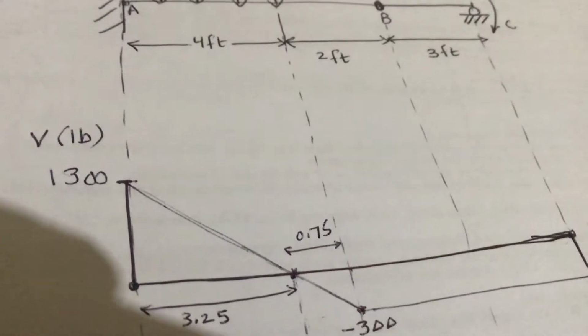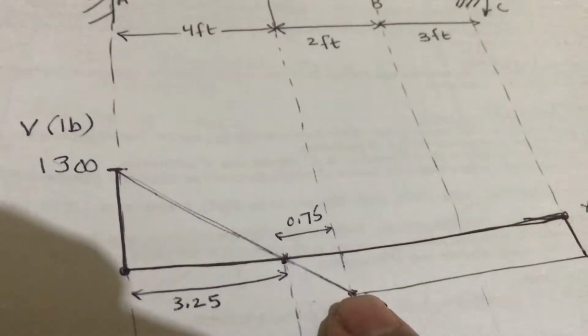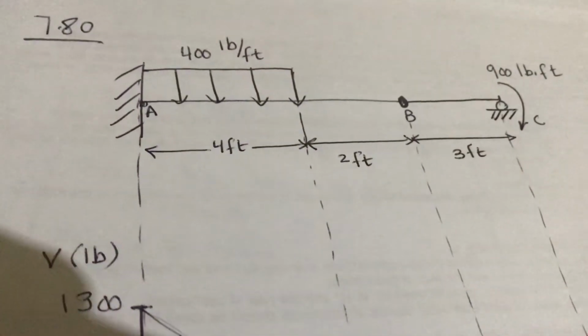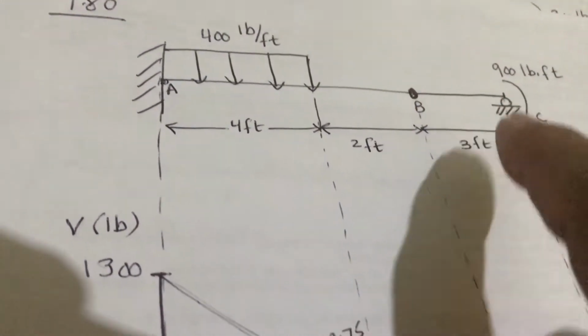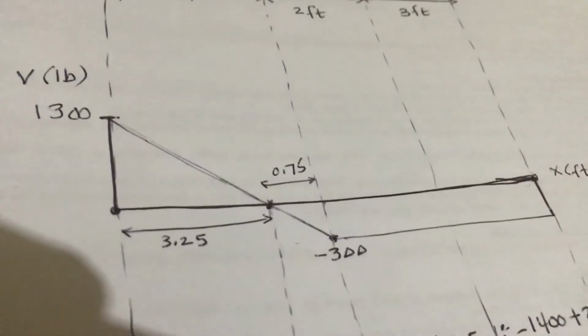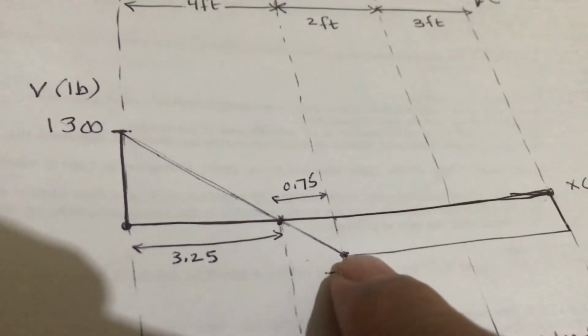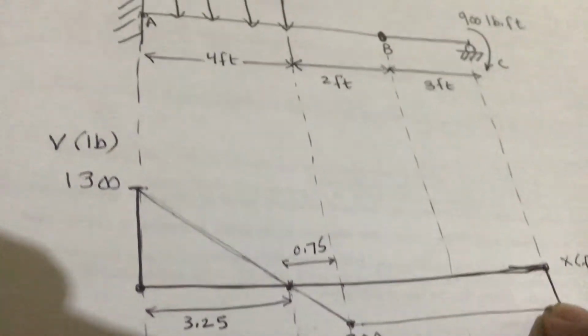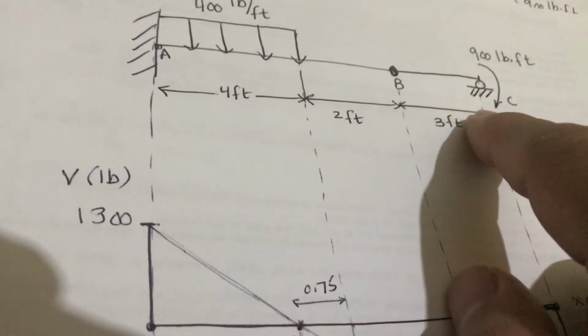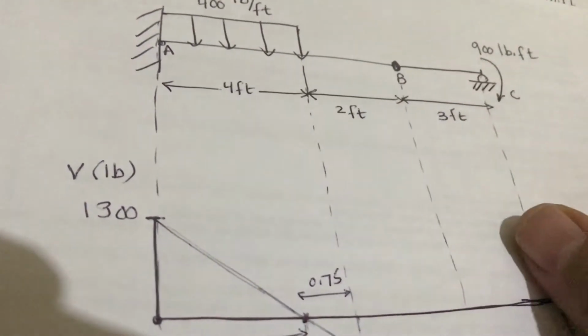So now it is minus 300 here. Let's go at this. Here there's no loading whatsoever. So it's going to be straight. If there's no loading, it will continue straight, normal, there is no problem until it reaches here. But remember here there is a reaction up.